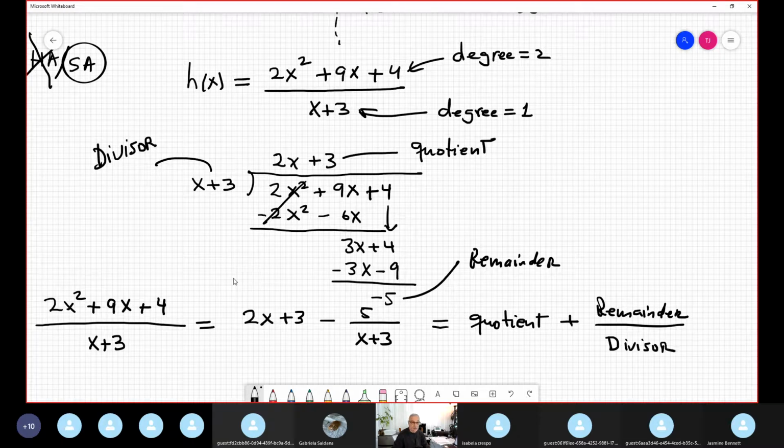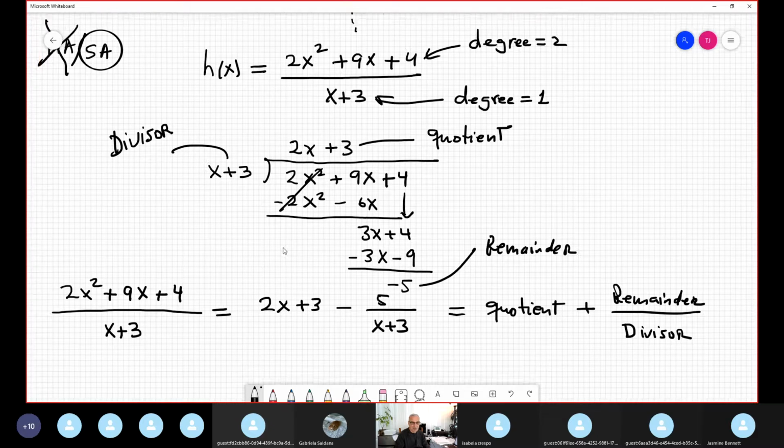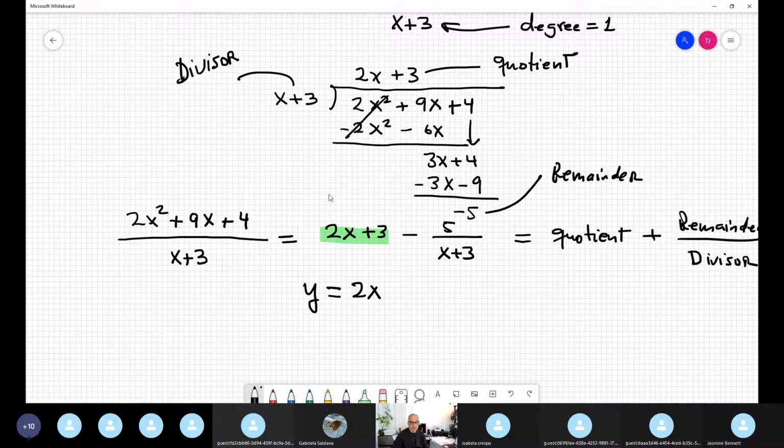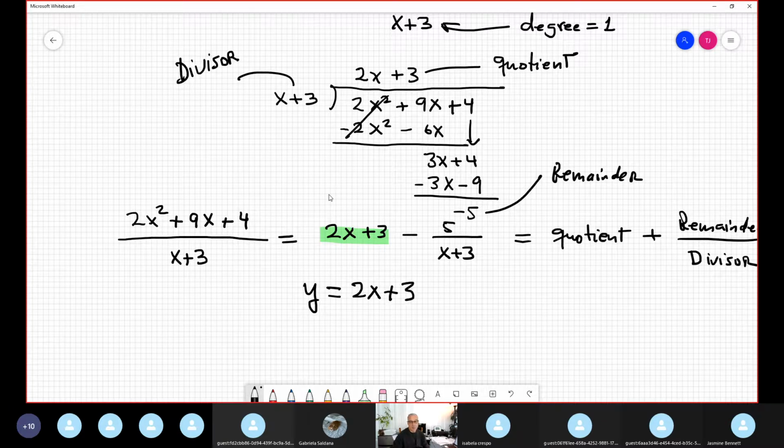Okay? The only thing I can do is an algebraic manipulation. It's just algebra. And you discover, wow, this is my slant asymptote. So the equation for the slant asymptote is 2x plus 3.